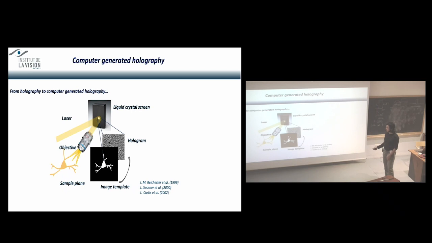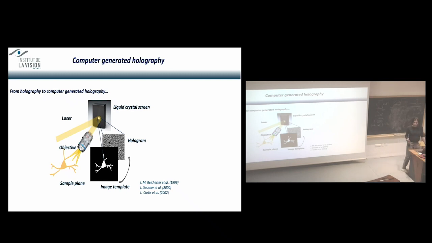And we don't need to physically record the interferogram. This can be calculated with a Fourier transform-based algorithm. So you calculate your phase hologram, and then this can be sent to a liquid crystal screen, which is a dynamic device. So you can continuously refresh your phase hologram and generate a different phase object. And if things are well done, your laser, which is now your reference beam, going through the spatial light modulator, creates your shapes. Okay.